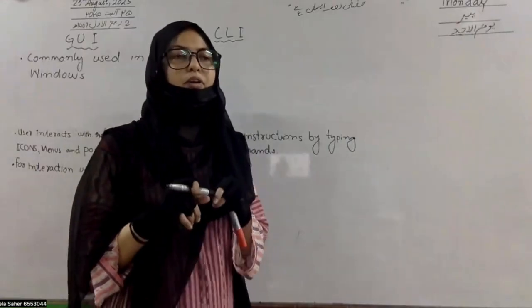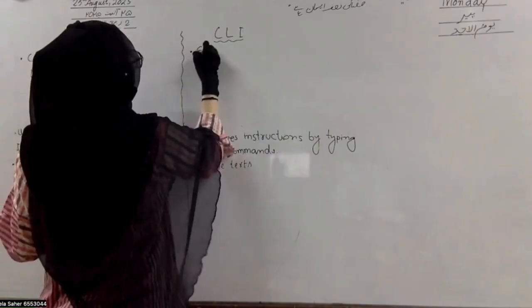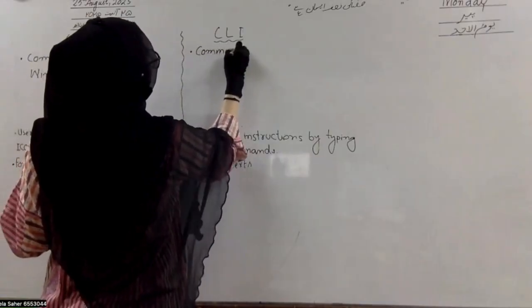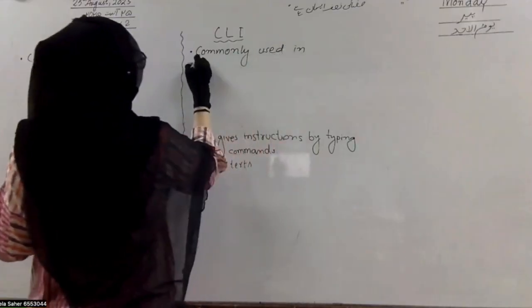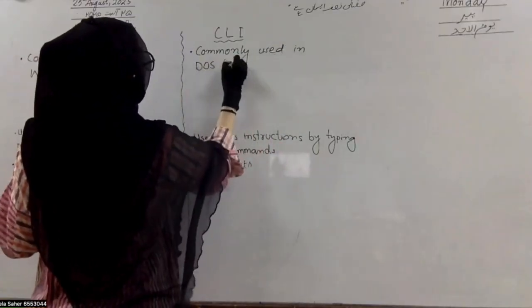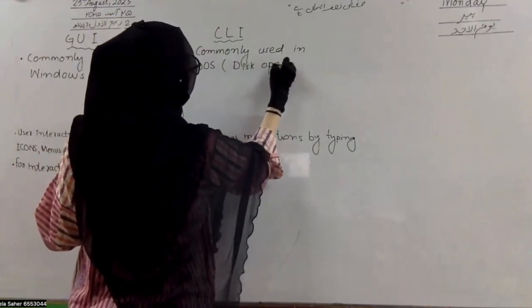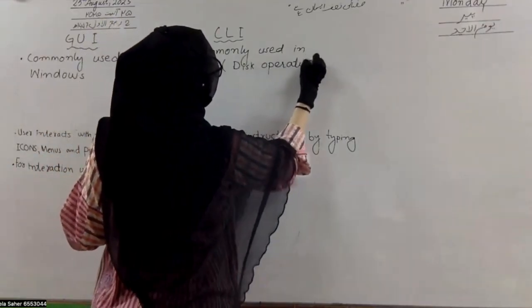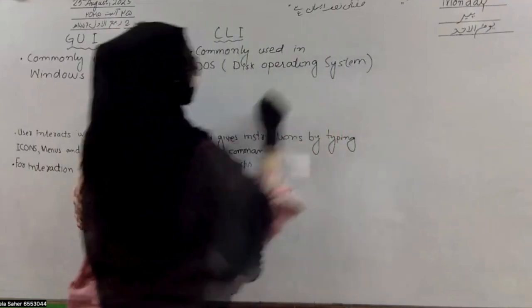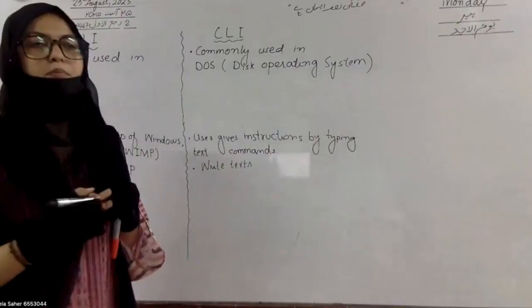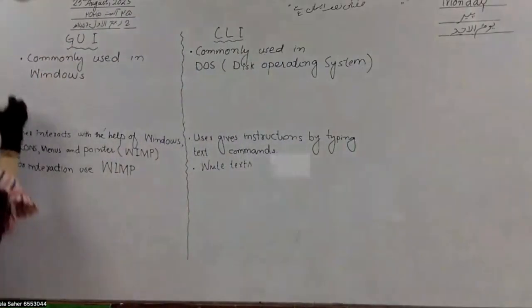And the command line interface is commonly used in this operating system, shortly known as DOS, the disk operating system. And the next difference is that it is easier and simpler to use.